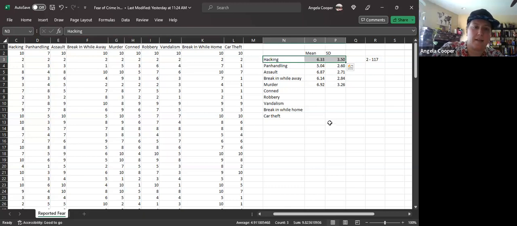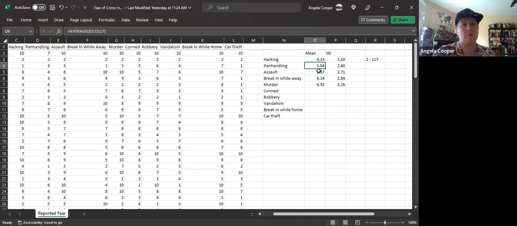This crime and its data set is going to have more variability overall. You're going to see some more 10s and 2s, kind of all over the place. They're not all going to be as close to the mean of about 6 as, let's say, panhandling is. The data will still be closer to that 5.04 to its mean than any other here.